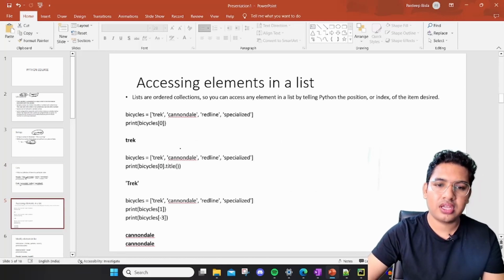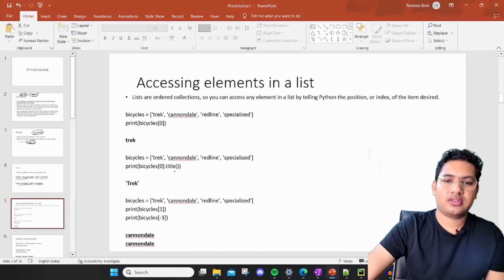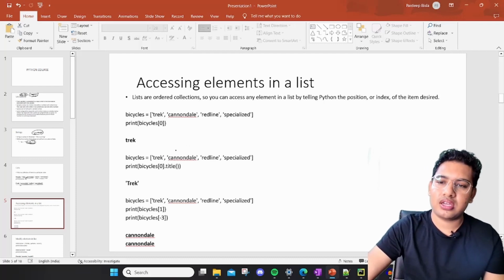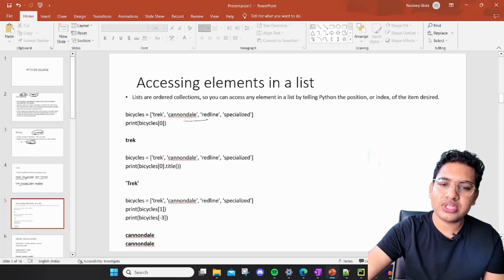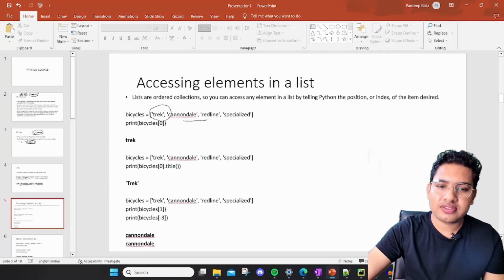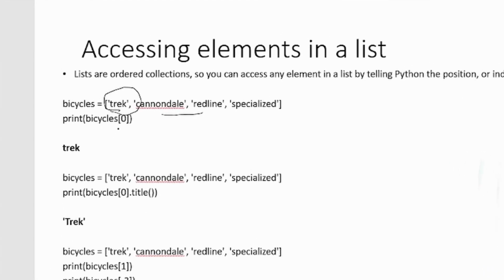Next, there are many ways we can access the items in a particular list. In Python we can use indexing. If you want to access any item in that particular list, you can use the index to get the value for that item. Suppose I want to print the first item from that list.